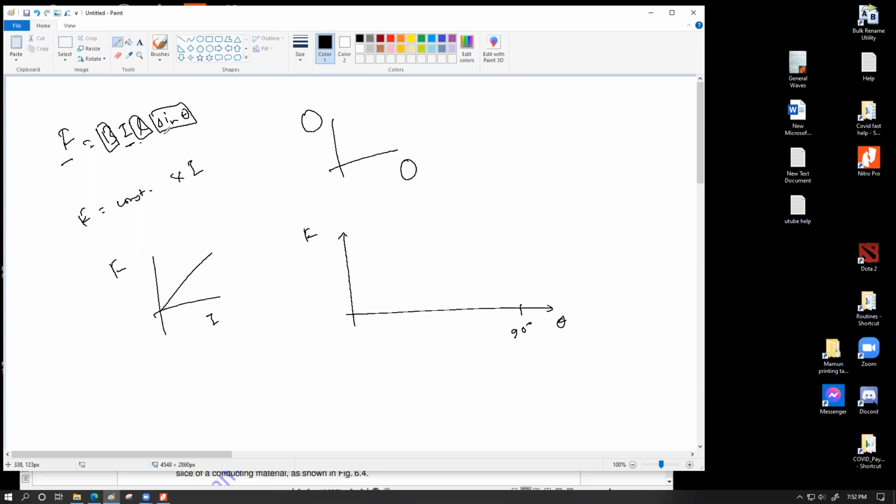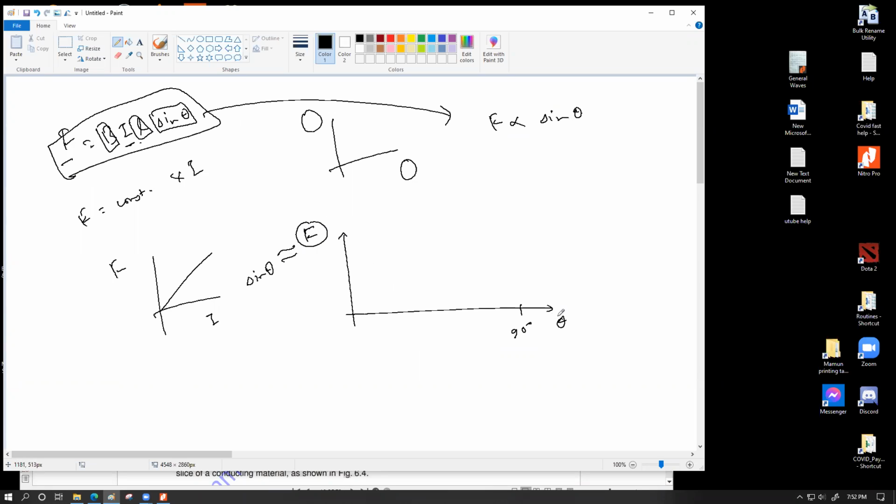If you consider F versus theta, the two variables which are going to be proportional: F is going to be proportional to sin theta. That means for a sketch graph, in place of F, you can replace this with sin theta, because the shape of F versus theta would be the same shape as sin theta versus theta, because F and sin theta are directly proportional.